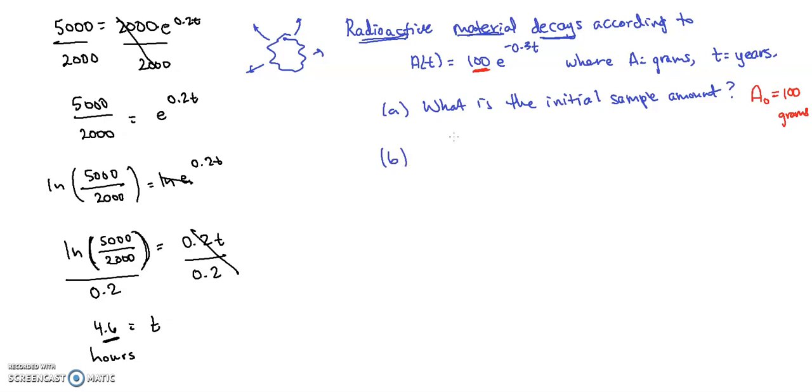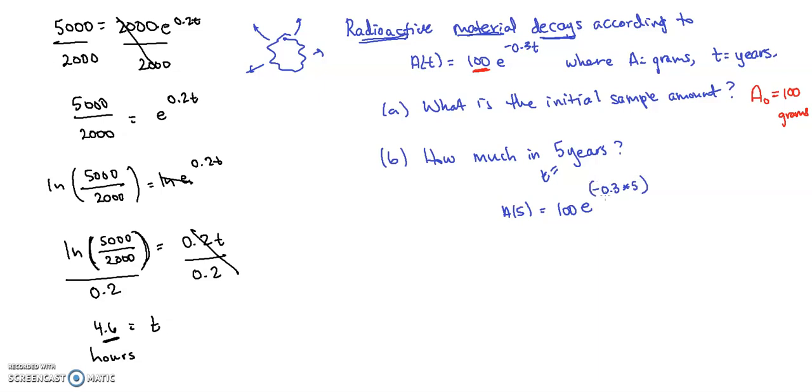All right, next one. How much will we have in 5 years? Okay, so this is a good question. How much of this is still going to be radioactive in 5 years? So that's going to be our time, and we want to plug that into here. So we're trying to find the amount when t is equal to 5. So you can do A of 5, or you can just say A equals 100 e to the negative 0.3 times 5.